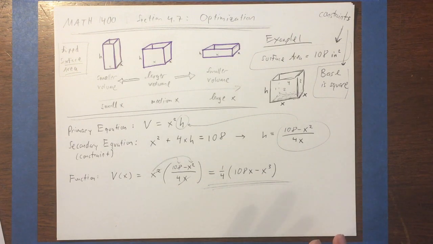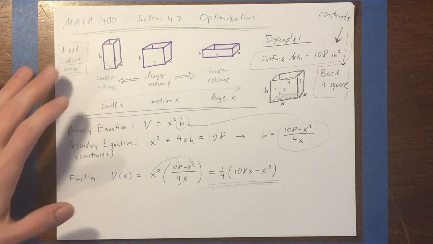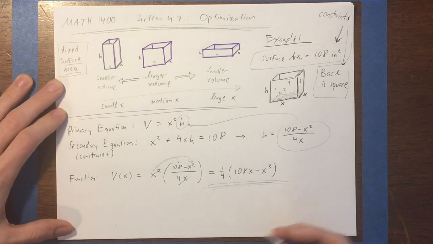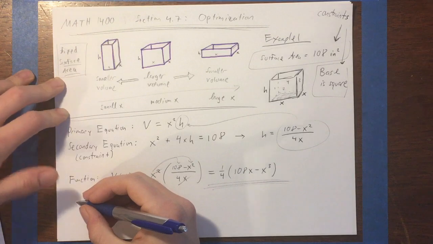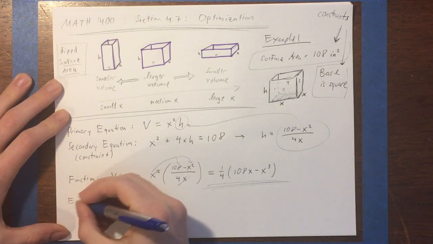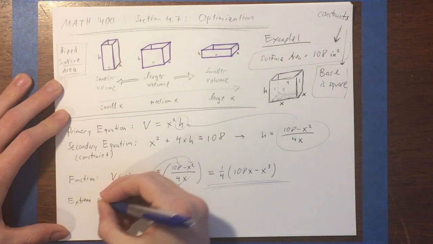Like if there were no real world context to consider, we'd say the domain of that is all real numbers. However, there is a real world context, so there's only a certain domain of x values that is going to make sense in this situation. And so to figure that out, we're going to look at the extremes. Extreme situations.